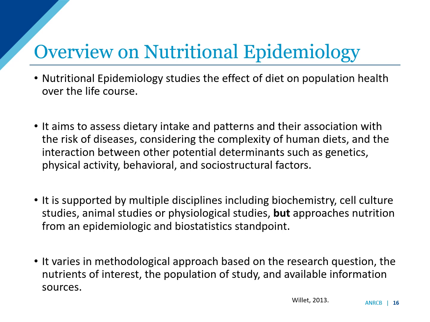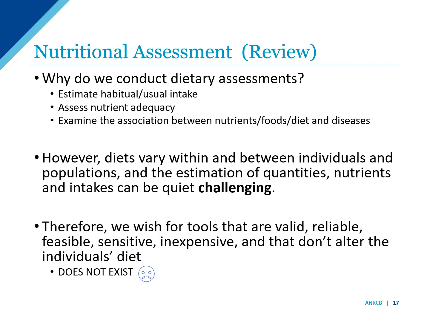And it also considers the research question as the main factor to decide which methodological approach we need: the nutrients of interest, the population of study, and even what information is available.